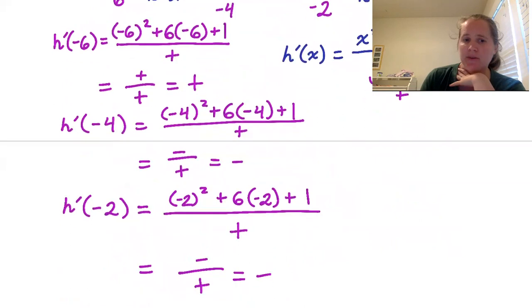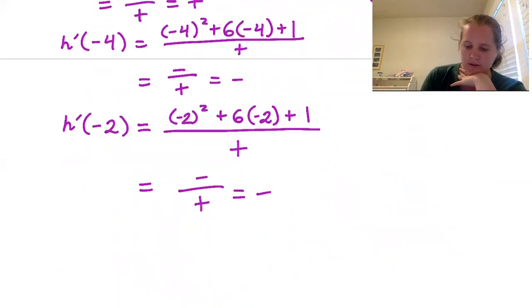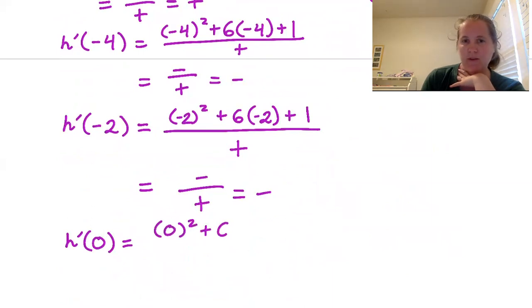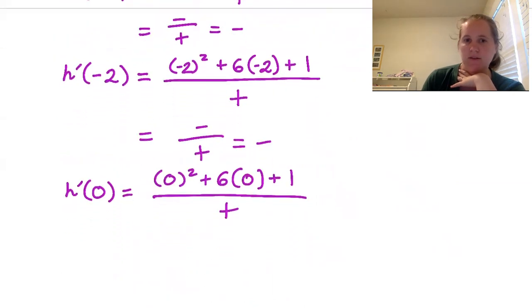Our last test point was at 0. So h prime of 0. Now the one that I tried to do a moment ago, 0 squared plus 6 times 0 plus 1. And then we're dividing by that positive value. And we have a positive over a positive, and so we get a positive.